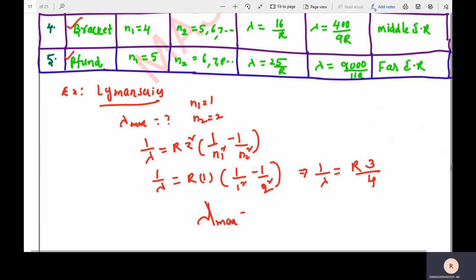Lambda max is equal to 4 by 3R, and we know the R value is 1.09 into 10 to the power of 7. If we substitute that R value here, we'll get our lambda max.